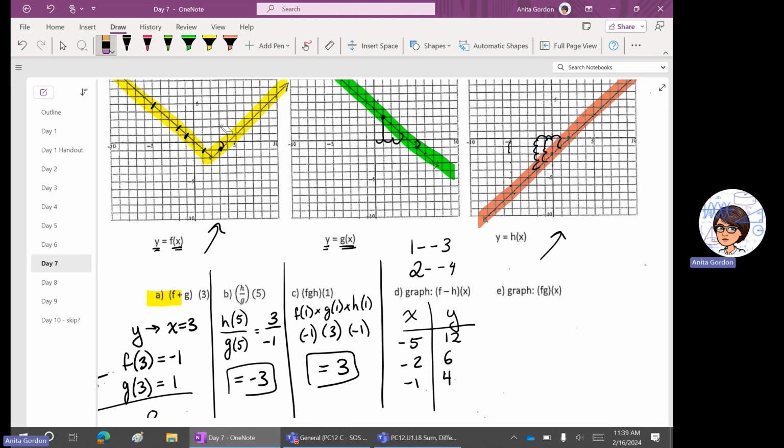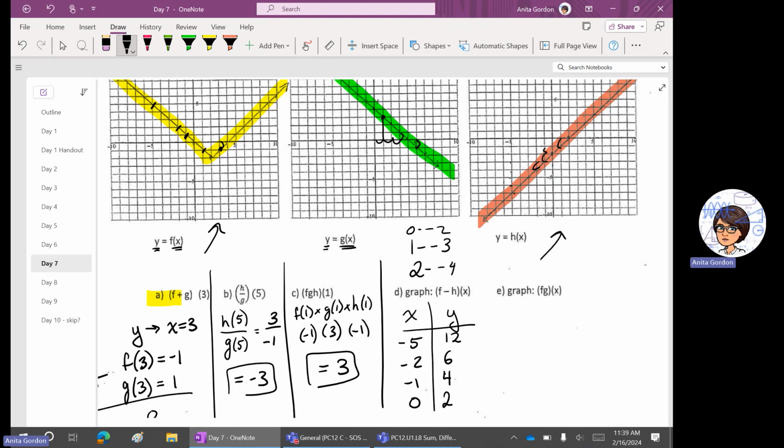Now, don't start looking for patterns because H is a line, but F is a V, so it's going to switch directions at some point here. So let's take a look at what happens at 0. Okay, F is at 0 and H is at -2, so this is 2.